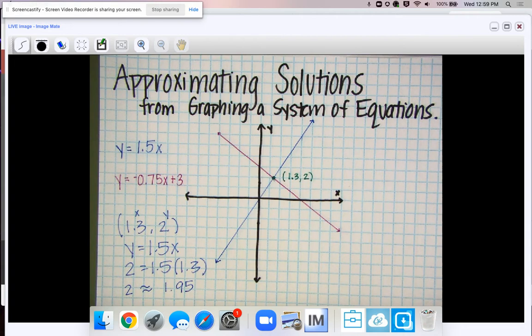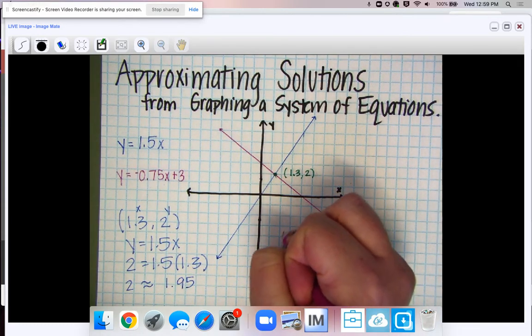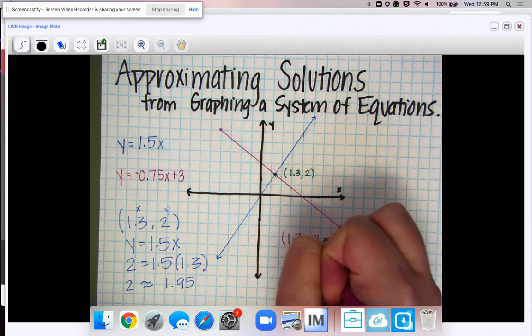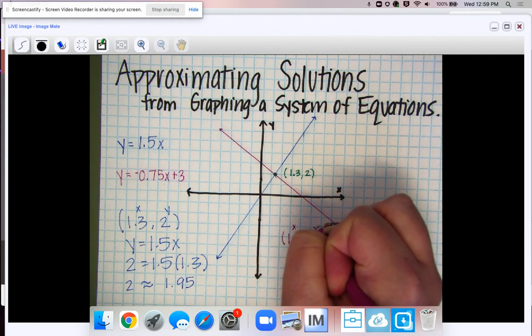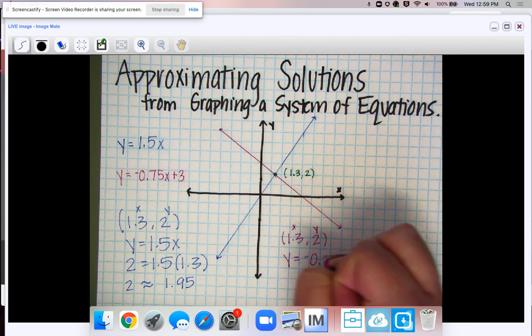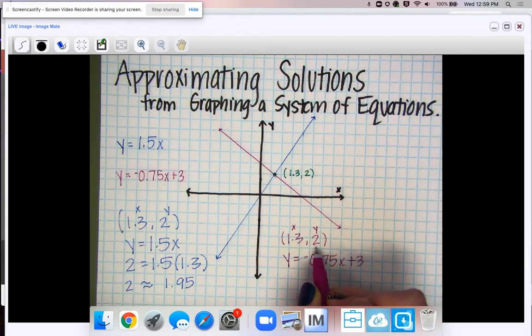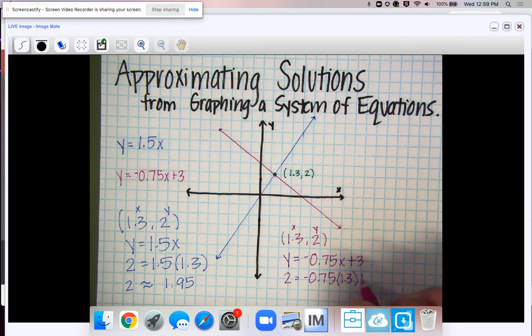So let's see how that turns out with our pink equation. I'm going to do the same thing with the pink equation. I have the point 1.3 and 2, and I'm going to plug in those coordinates here. So the 2 goes in for y, and then I have the 1.3 for x.